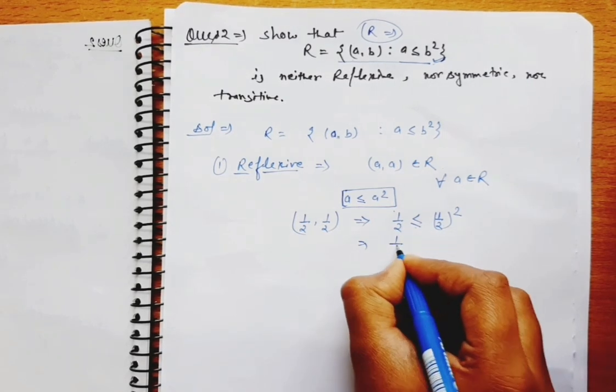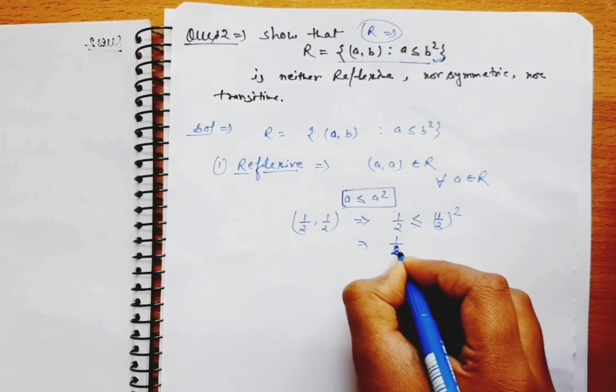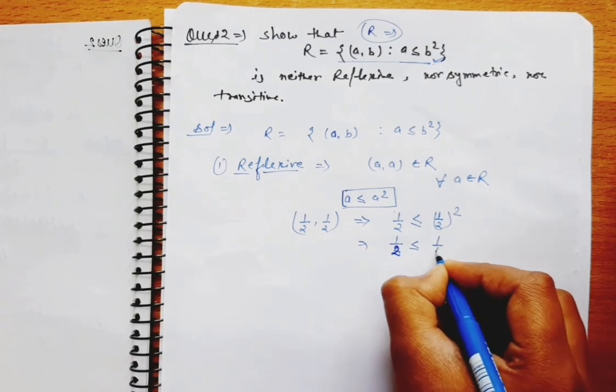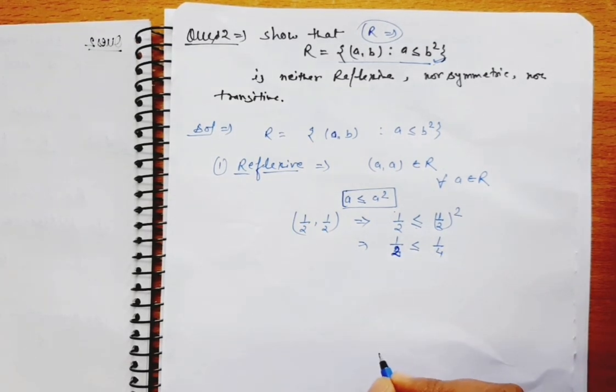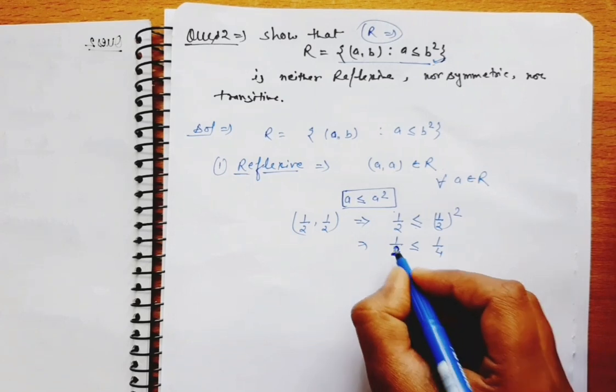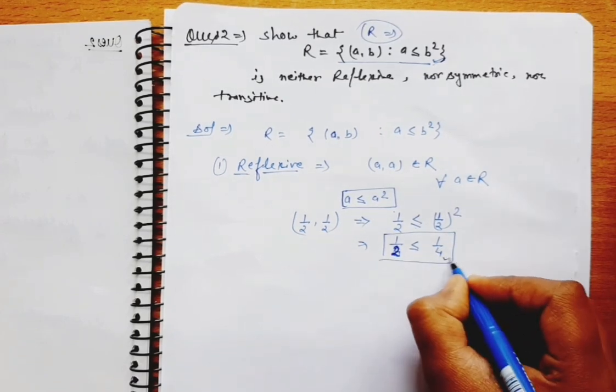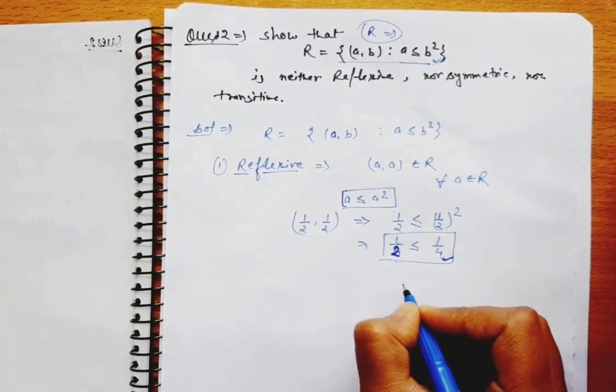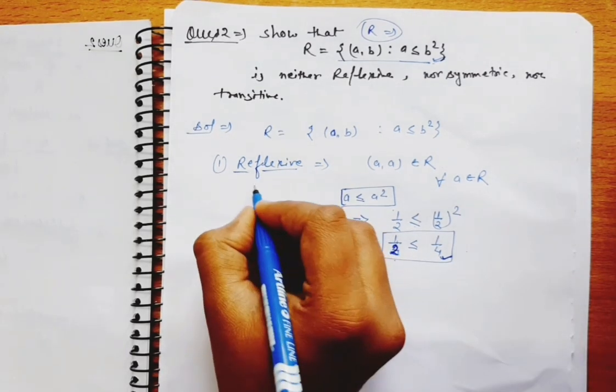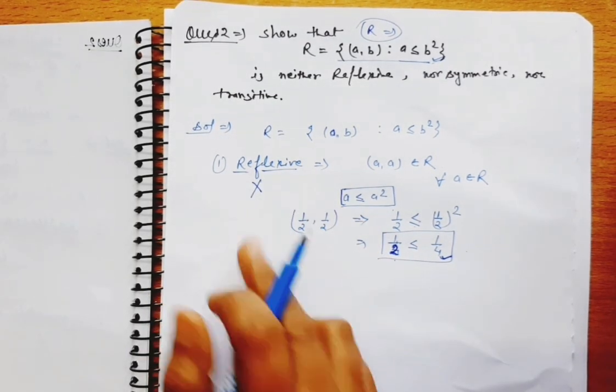So if we check 1 upon 2 here, this is less than or equal to 1 upon 4. Okay. So the condition is false here because 1 upon 4 is smaller than 1 upon 2. So we can say that this relation is not reflexive.